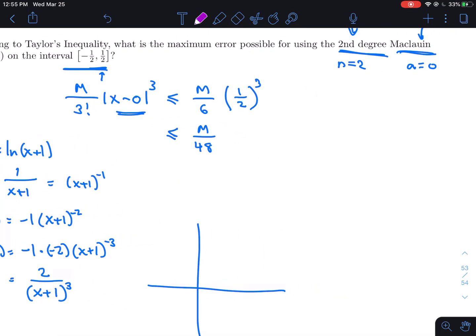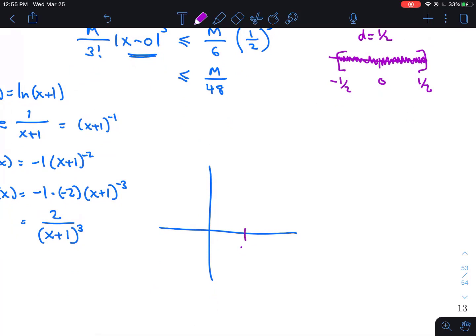But I wanted to include negative 1/2 to 1/2, and we were centered about 0. So this is just saying that our d value should be 1/2, right? We need to be able to do 1/2 this way and 1/2 this way. So our d value should be 1/2, and we're very interested in this interval from 1/2 to negative 1/2.